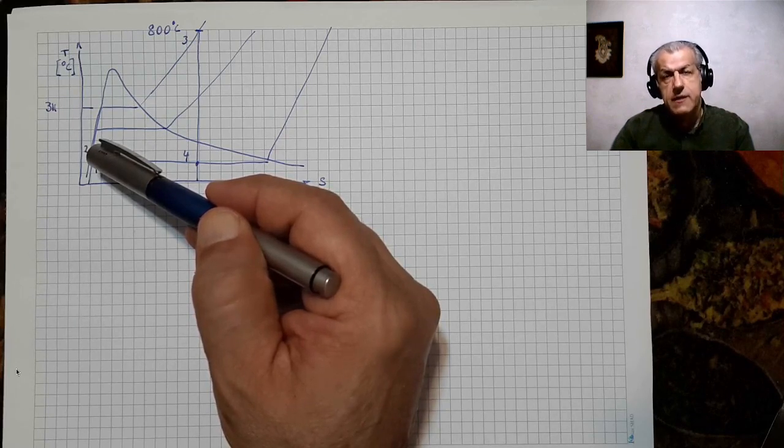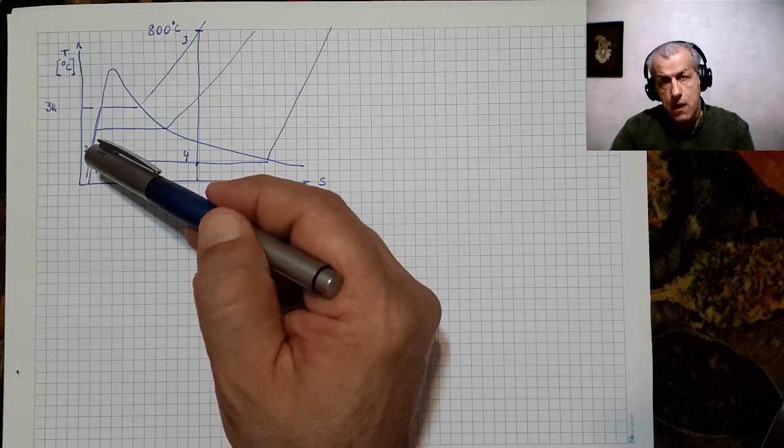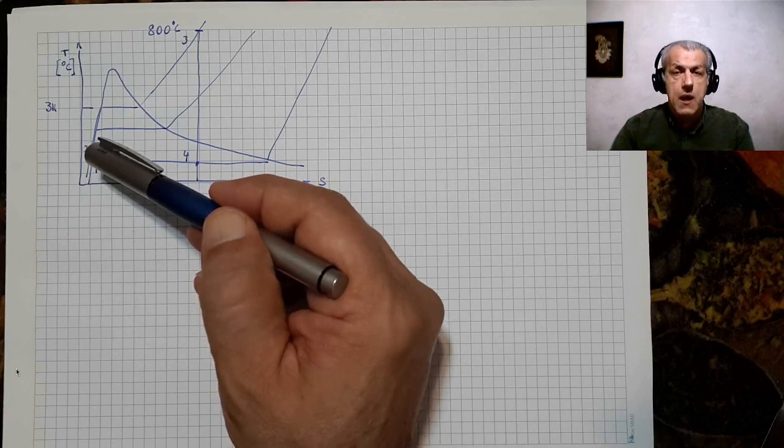If we could add heat at higher temperatures, that would greatly help our Carnot cycle efficiency, and also it would help our real cycle efficiency.